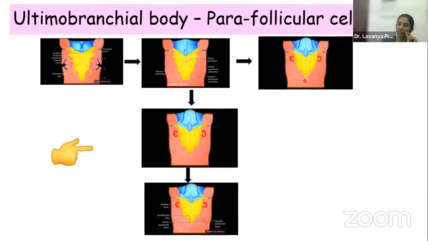This bilobed structure results in the formation of bilaminar cellular plates within which the colloid substance is accumulated. Later, these bilaminar cellular plates are converted into primary follicular cells. Further subsequent differentiation of these primary follicles results in the formation of the secondary or the definitive follicles.